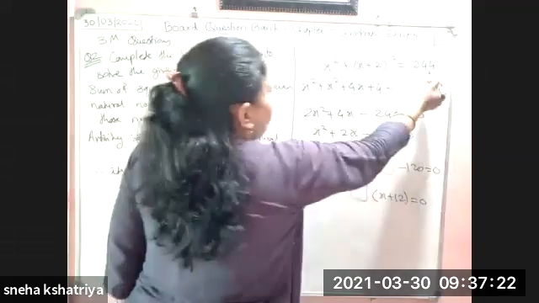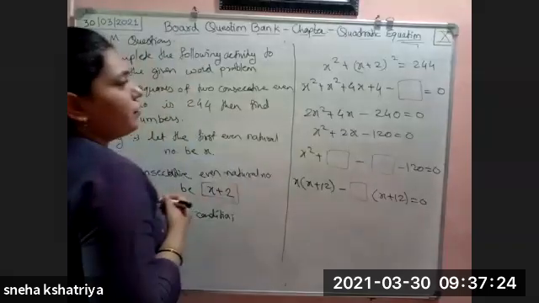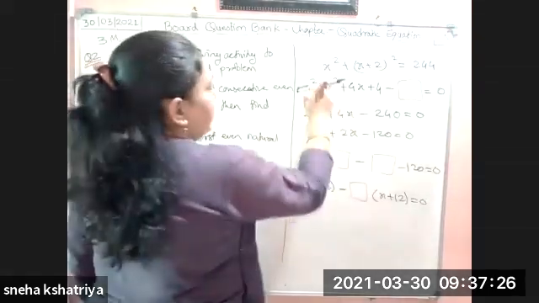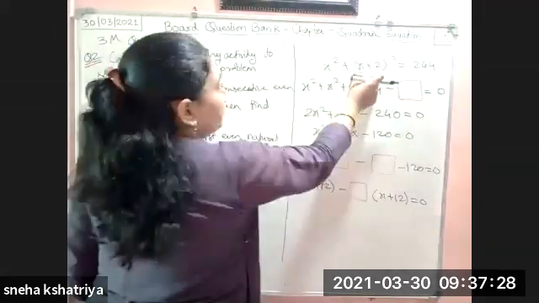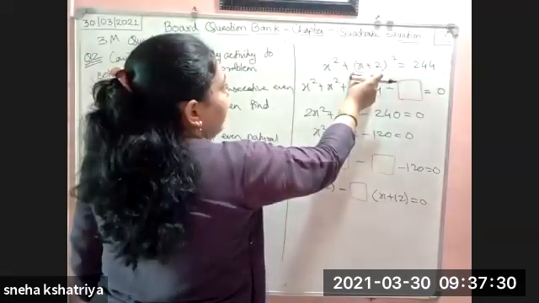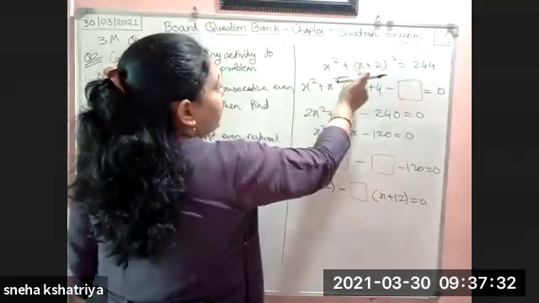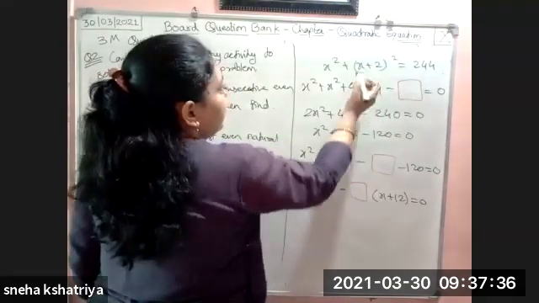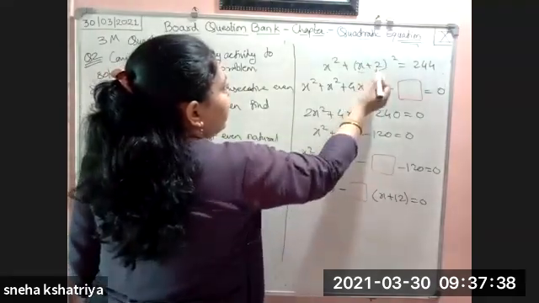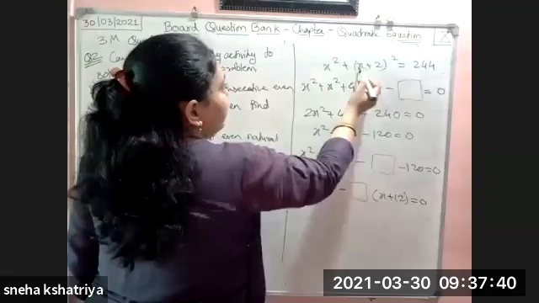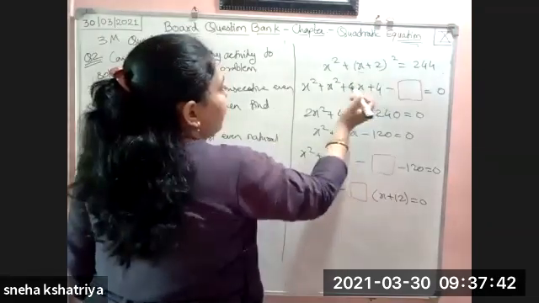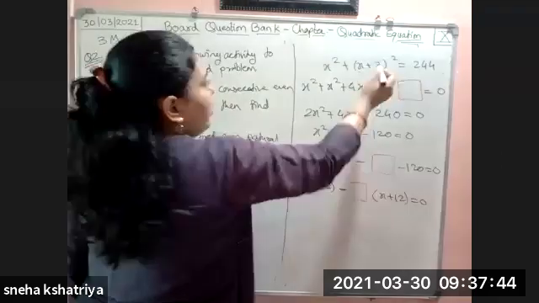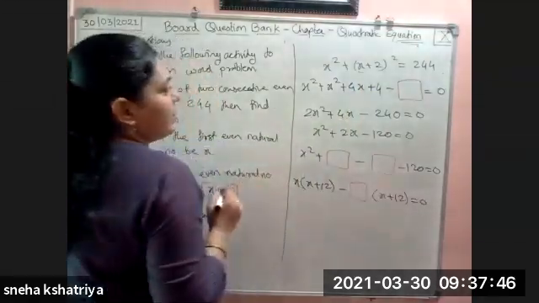Now see here. First of all, this 244 will come to the left hand side with a minus. For (x plus 2) bracket square, using the expansion of (a plus b) square, which is a square plus 2ab plus b square: x square plus 2 into x into 2, that is 4x as it is. b square means 2 square becomes 4.